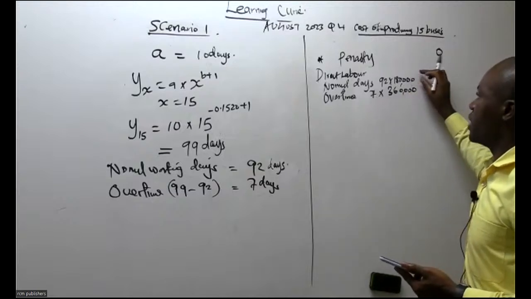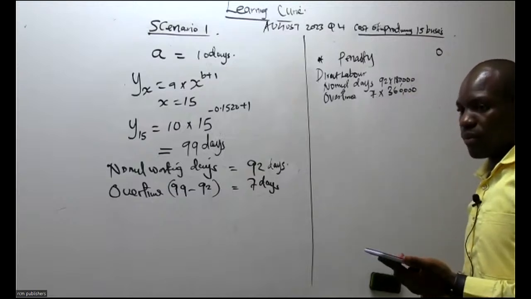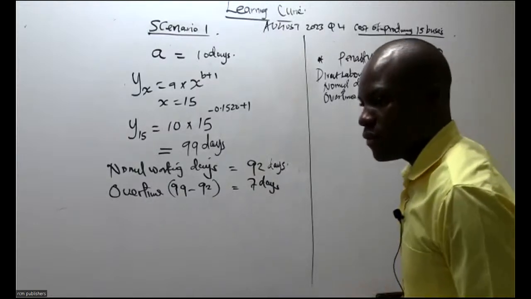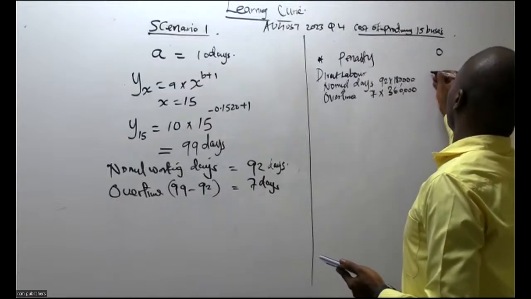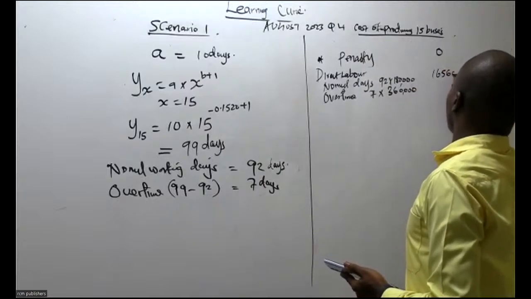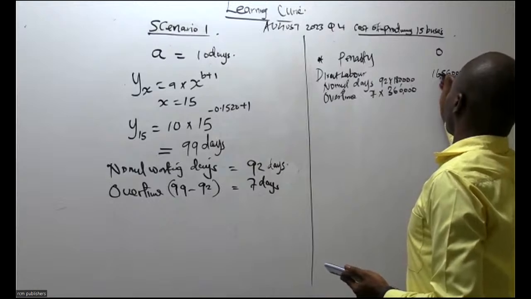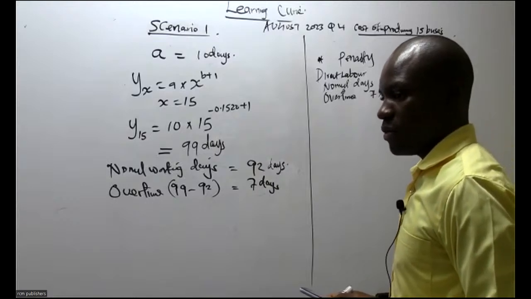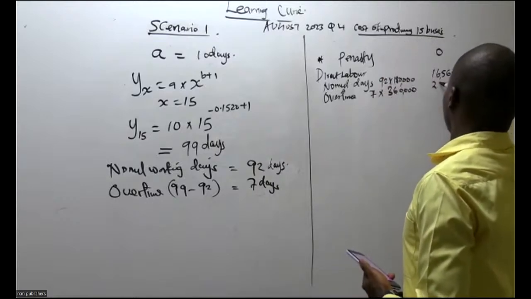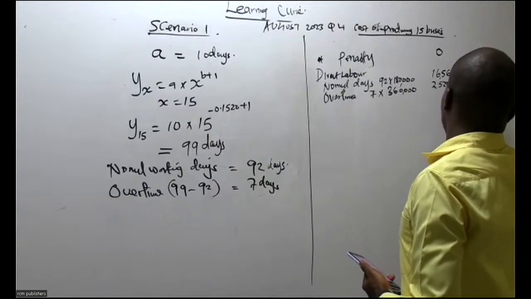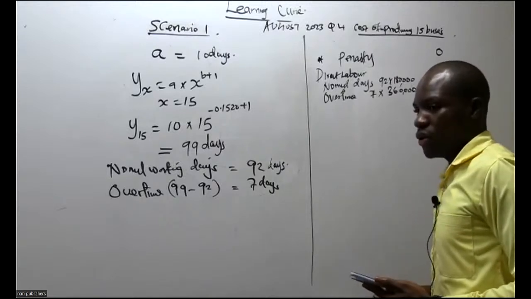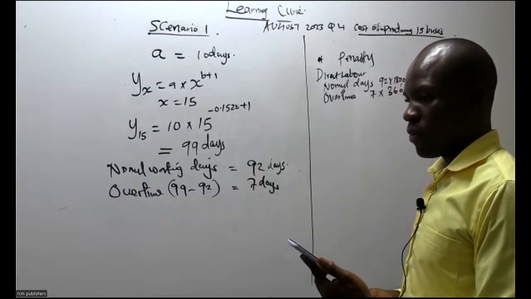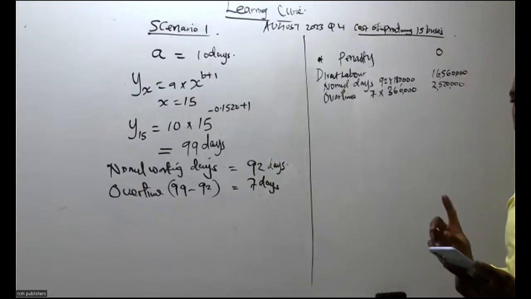Just start with the first one, 92 by 180. That is 16,560,000. How about the overtime? 2,520,000. Good. I believe the rest are also getting that for the overtime.